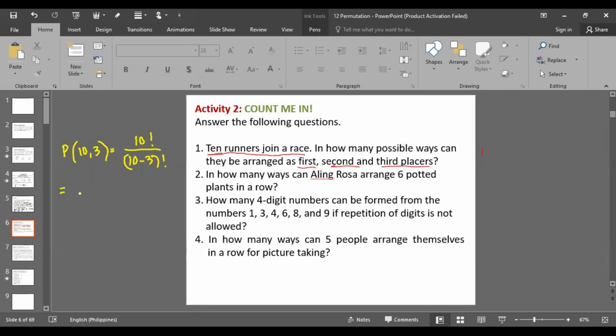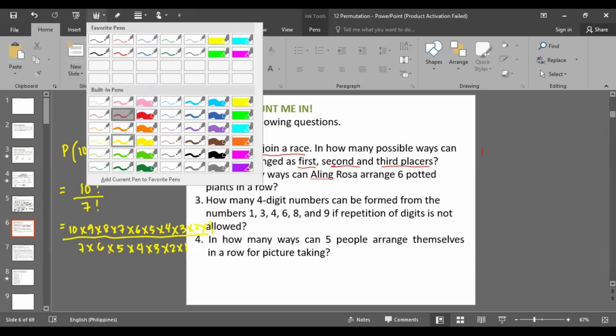So here's the step-by-step computation. We'll have 10 factorial over 10 minus 3 is 7 factorial. Then 10 times 9 times 8 times 7 times 6 times 5 times 4 times 3 times 2 times 1, all over 7 times 6 times 5 times 4 times 3 times 2 times 1.